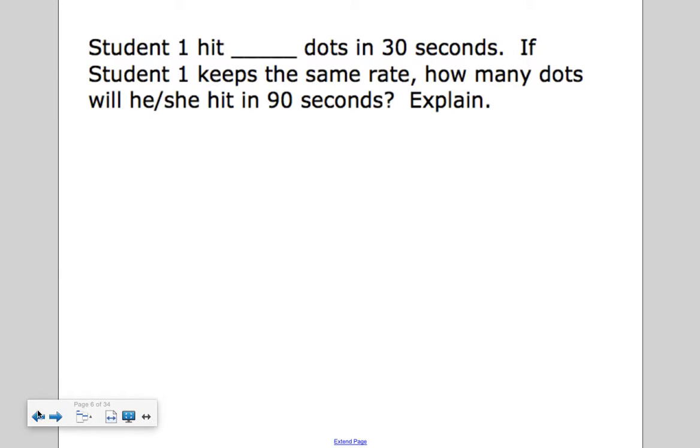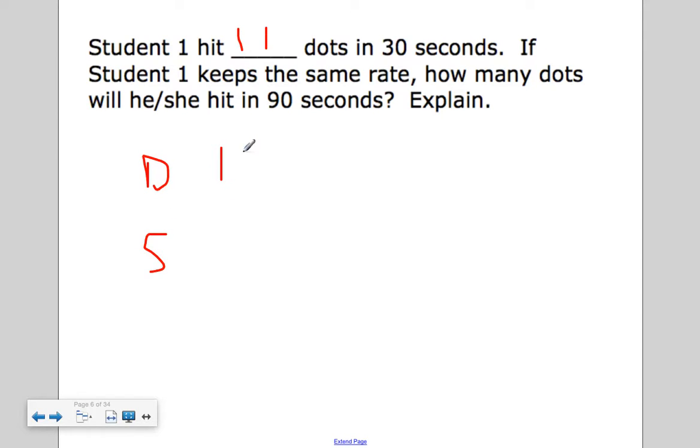So student 1 hit 11. So let's write that. Hit 11 dots in 30 seconds. If student 1 keeps the same rate, how many dots will he or she hit in 90 seconds? So do I want to make a table? So dots and seconds.